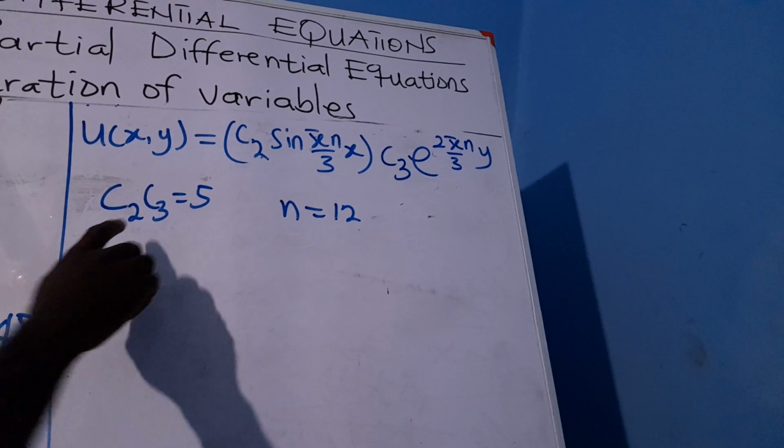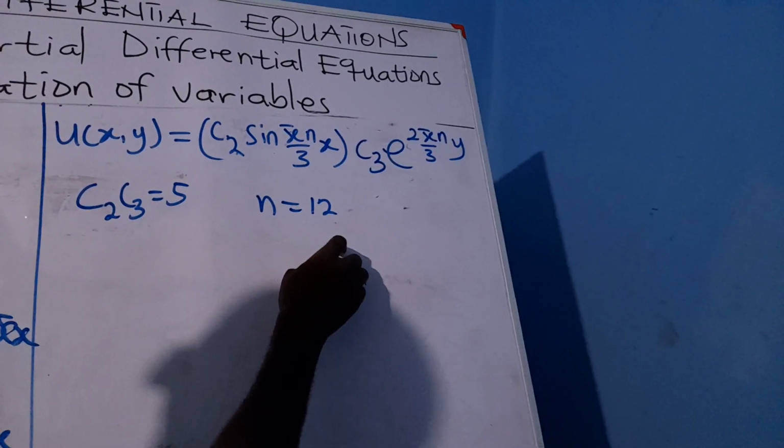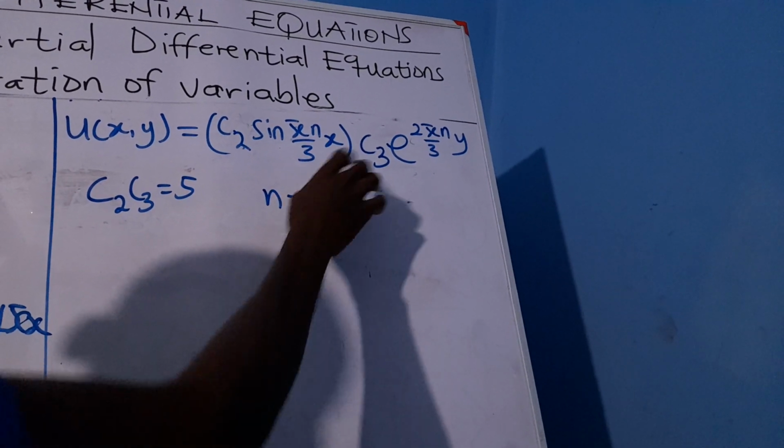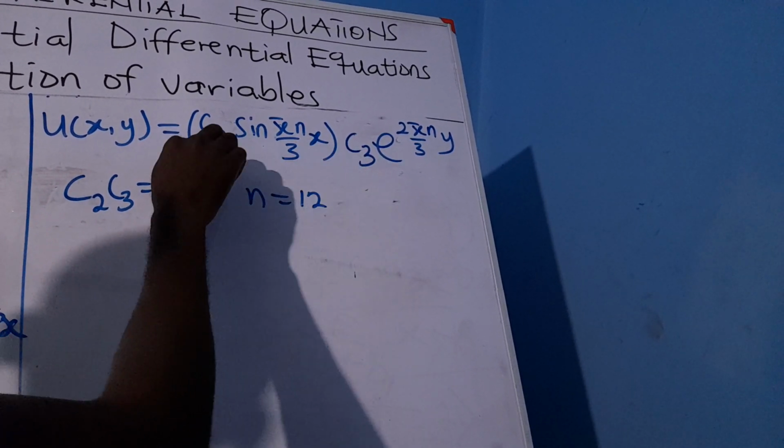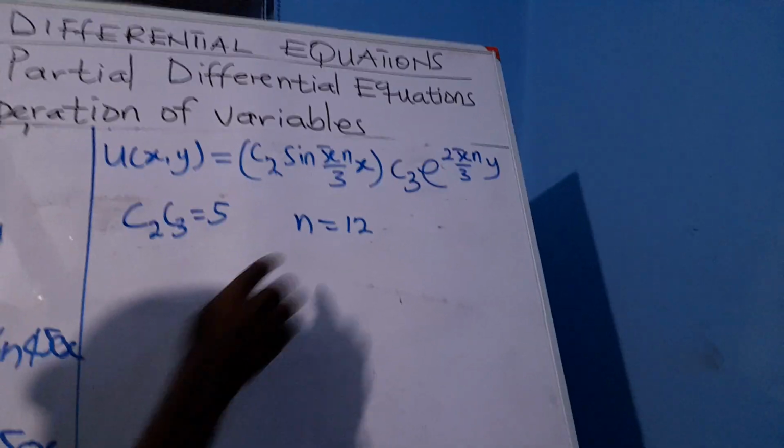So now we know our c2 c3 to be 5 and our n to be 12. So we substitute that. I'll bring the c3 to multiply this c2. It's still the same. Then I'll substitute 12.